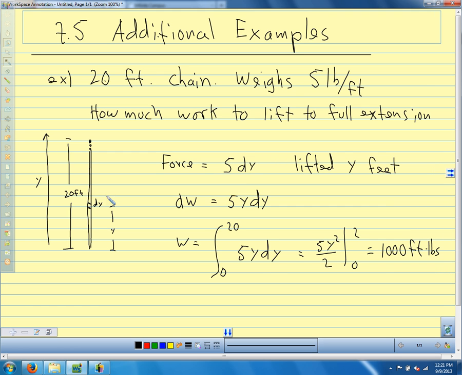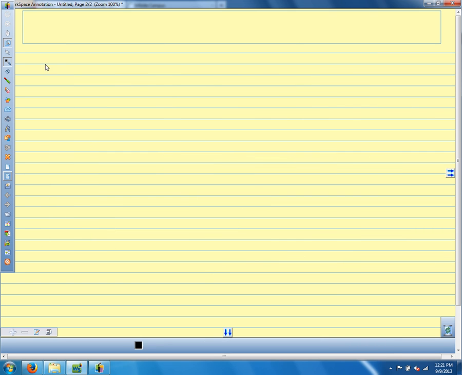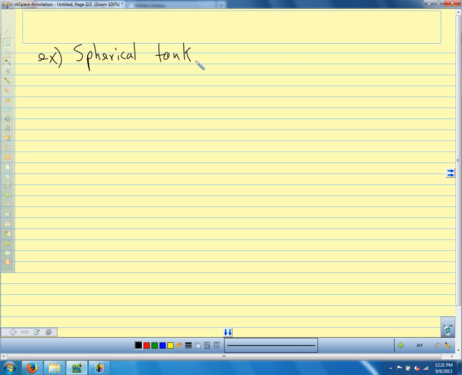All right, let's look at an additional pumping problem example. We're going to empty an oil tank this time. So we have a spherical tank. And it has an 8-foot radius.